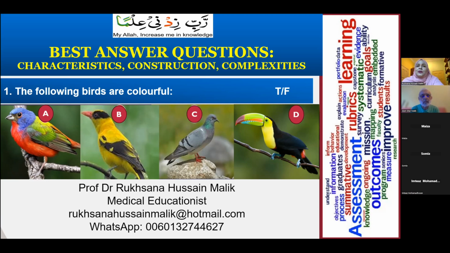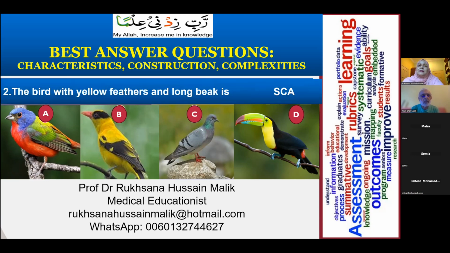But if the same birds are asked, the bird with yellow feathers and long beak is, there will be a clash between the B and the D, and people will think that probably the B is the one because it has more yellow feathers, while the D has less yellow feathers but a very long beak. So this is called a single correct answer question because the true answer in this will be the B option.